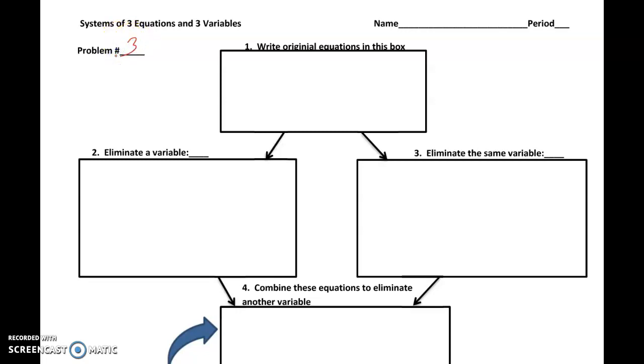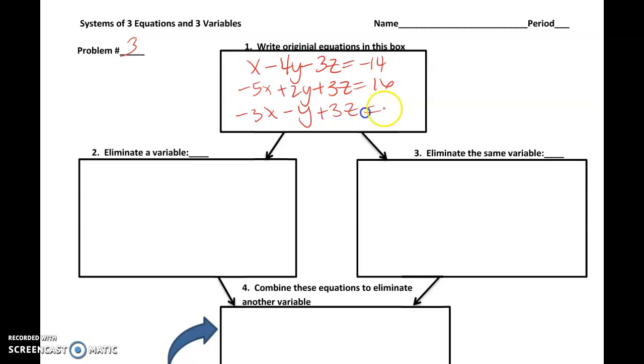Example 3 is the next one that I'm going to do, and that is x minus 4y minus 3z equals -14, -5x plus 2y plus 3z equals 16, and -3x minus y plus 3z equals 3. And so I always number my equations, equation 1, equation 2, and equation 3.